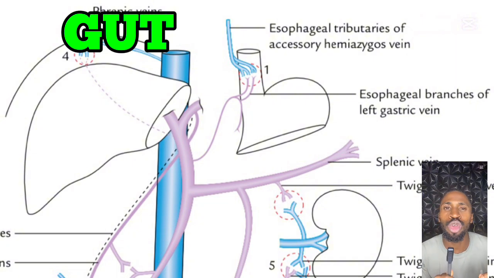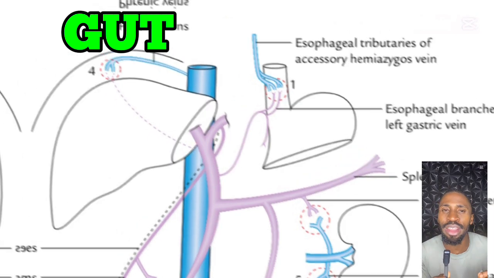Now you have the esophageal tributaries of the gastric vein, which drain into the portal vein, while the esophageal tributaries of the accessory hemiazygos vein drain into the systemic vein. So that connection gives you the Portal-Caval anastomosis.